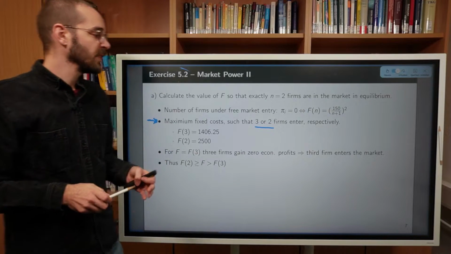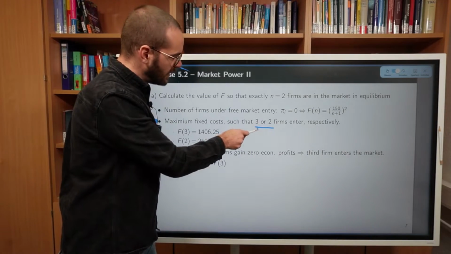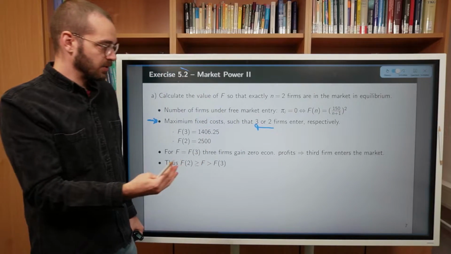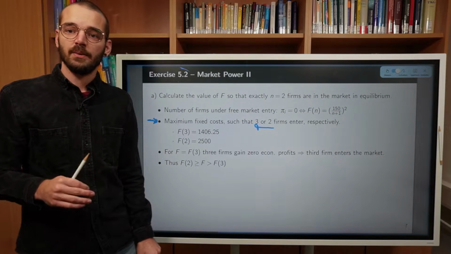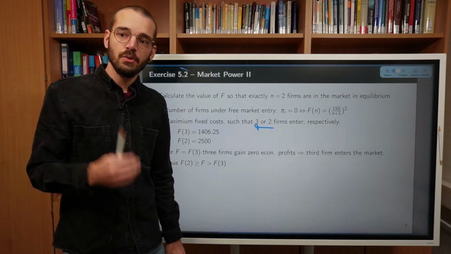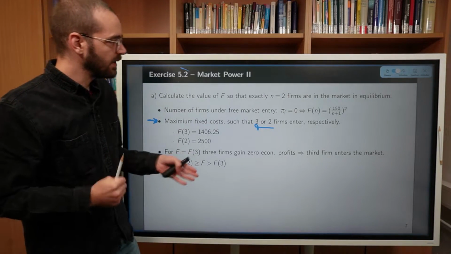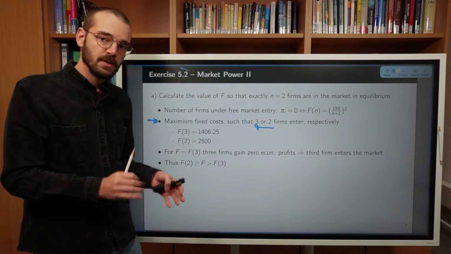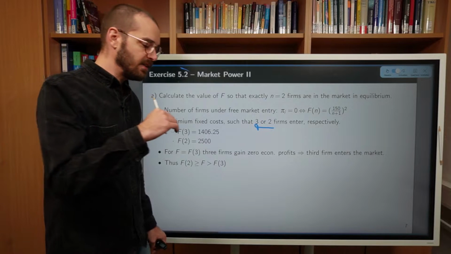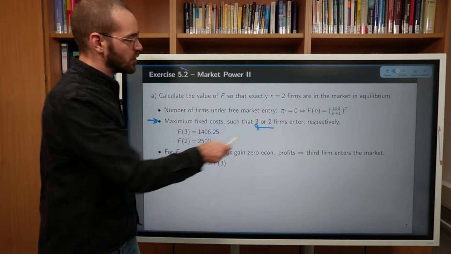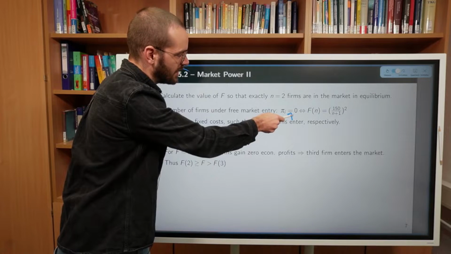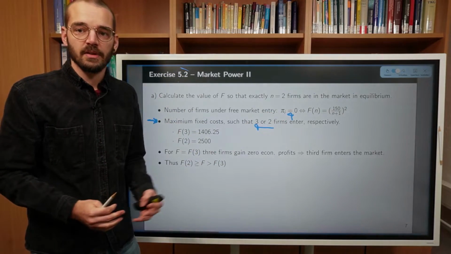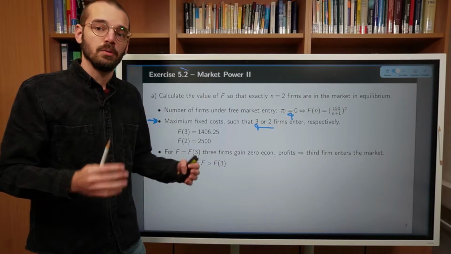All right. So we need to find the value of fixed cost so that 3 firms are in equilibrium, and the value so that 2 firms are in equilibrium. Well, luckily we already found a function that provides the fixed costs for which this no further entry condition, pi equals 0, holds, right?